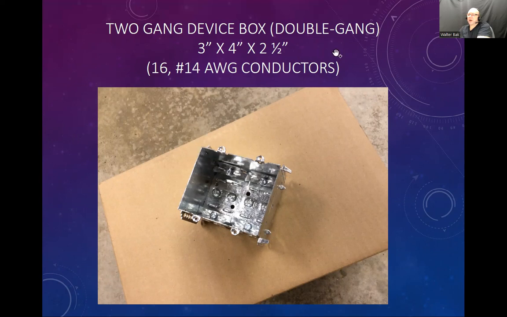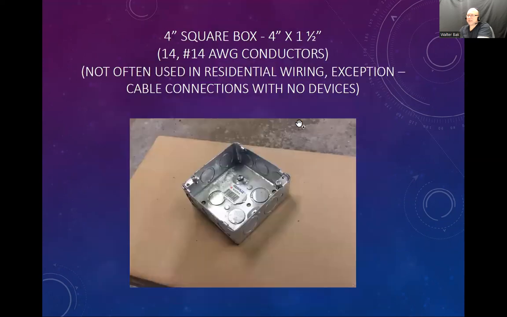So the double gang box would be 3 by 4, of course. 2 plus 2 is 4. And 2.5 inches deep, that can fit 16 of those 14 gauge conductors. AWG, American wire gauge.